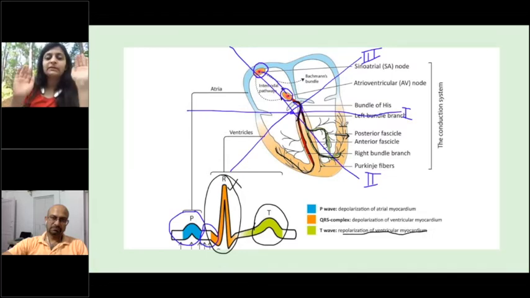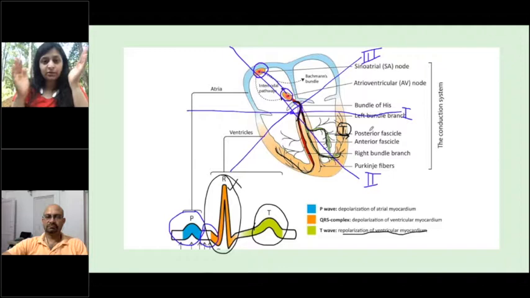So just remember, for the concept, the T wave should usually be in the same direction as your QRS, based on whatever lead you're looking at.